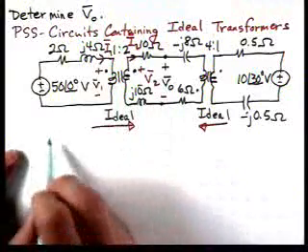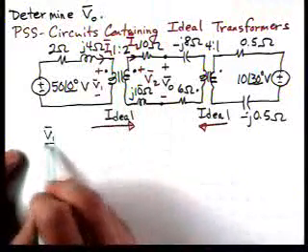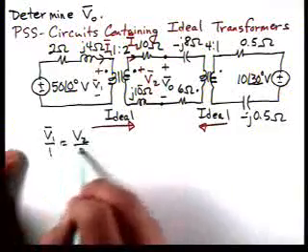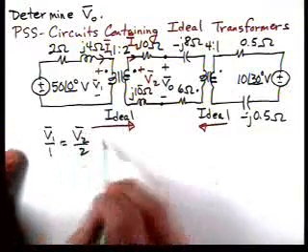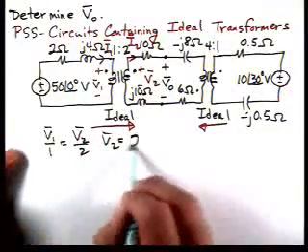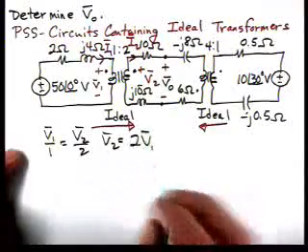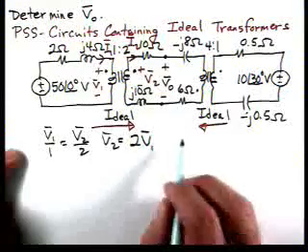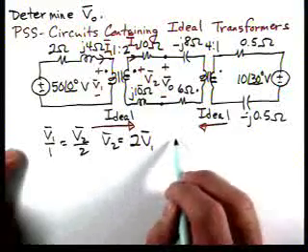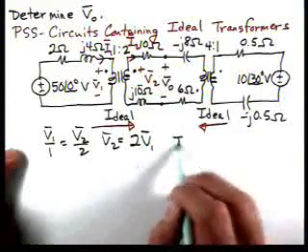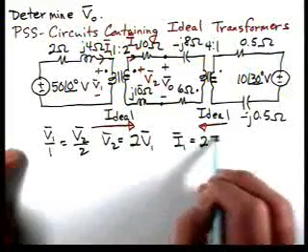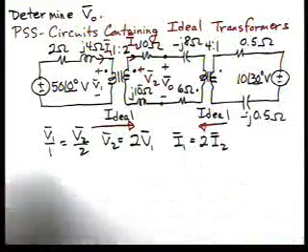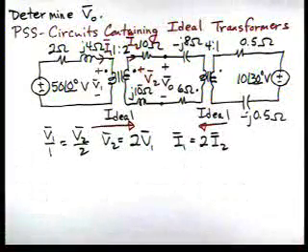So we'll have V1 over 1 is V2 over 2, or V2 is equal to 2V1. Then we have one current defined entering the dot, the other current defined leaving a dot, so we have I1 equal 2I2.